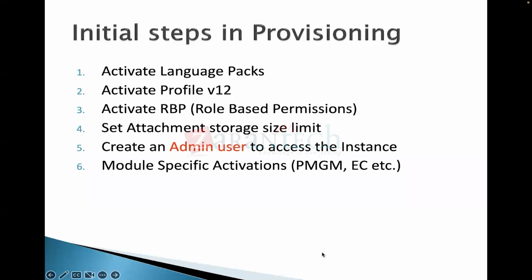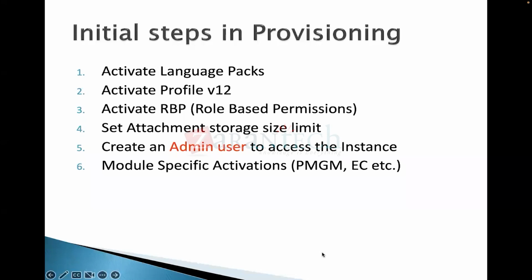For the Middle East, they can activate Arabic. If you have offices in Japan, you can activate Japanese. It depends upon where your employees are located, as per the localized languages. If required for India, Hindi can also be activated. Actually, we also have Hindi supported by SAP.